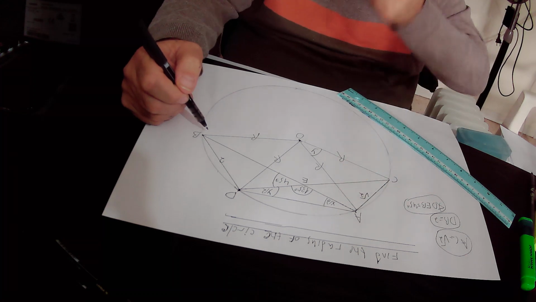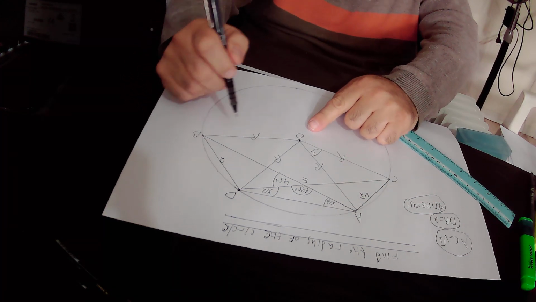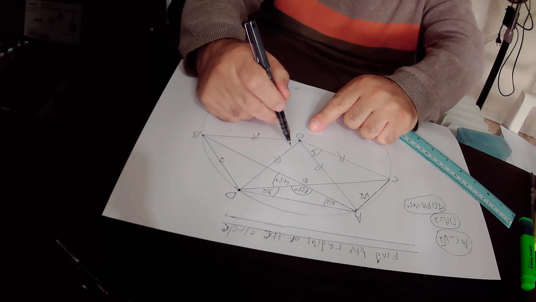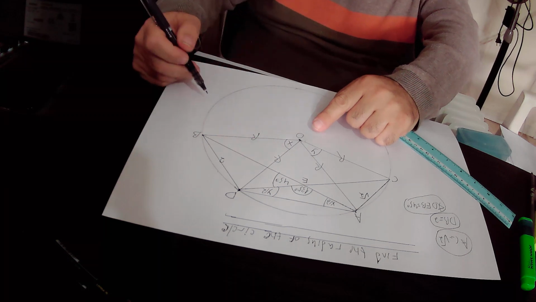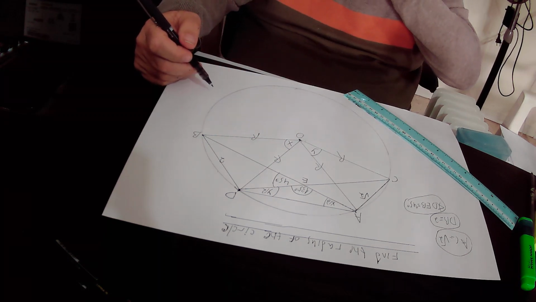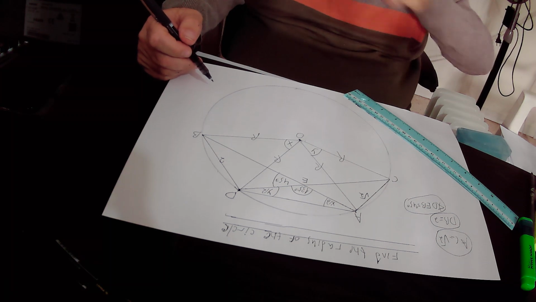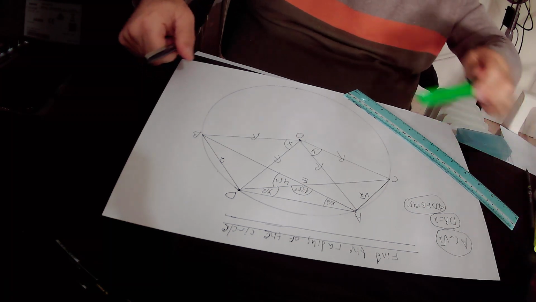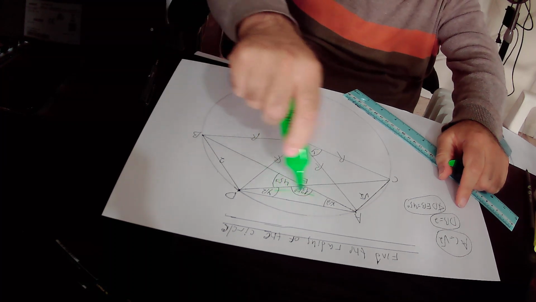Therefore, the central angle DOB that rests on the same chord must be equal to x. In the next step, we'll focus on the green triangle AD.